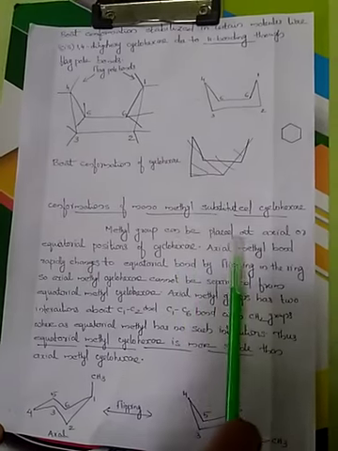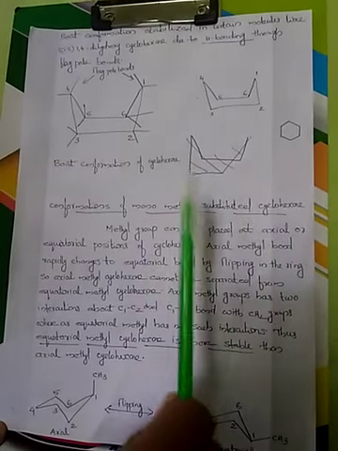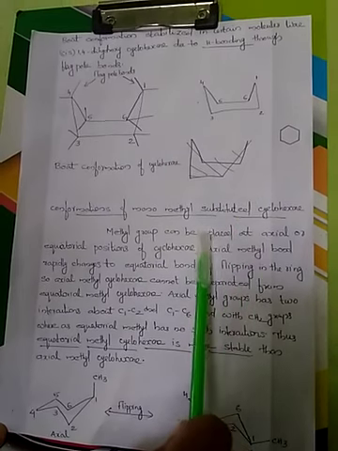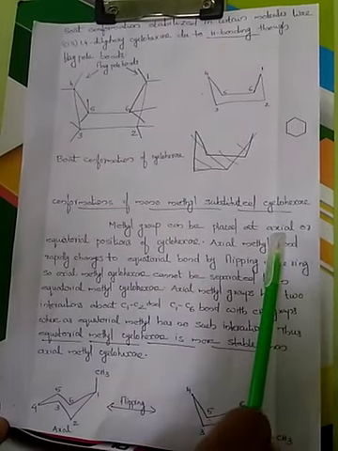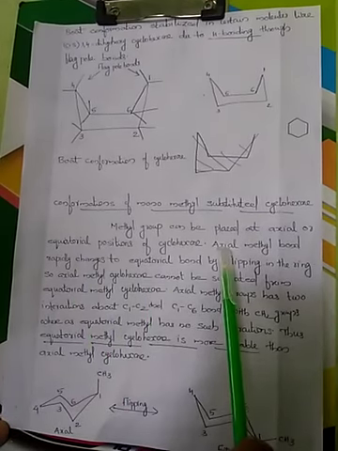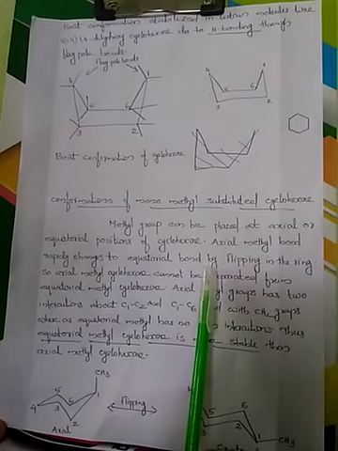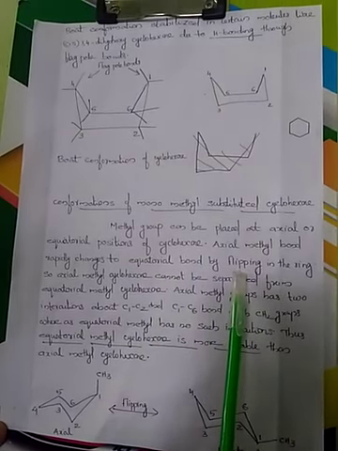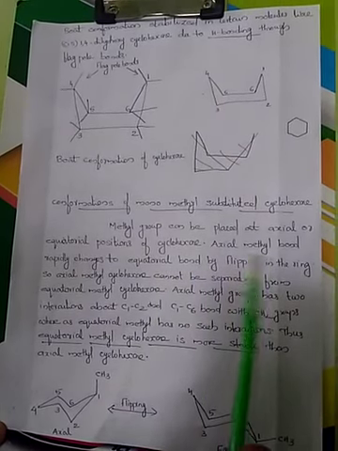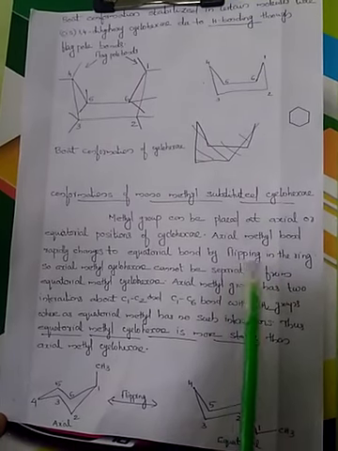Methyl group can be placed at axial or equatorial position. Only one methyl group is here, so we can place that methyl group either in the axial position or in the equatorial position. Axial methyl bond rapidly changes to equatorial bond by ring flipping. Thus we know that axial methyl group can rapidly change to equatorial bond by ring flipping.